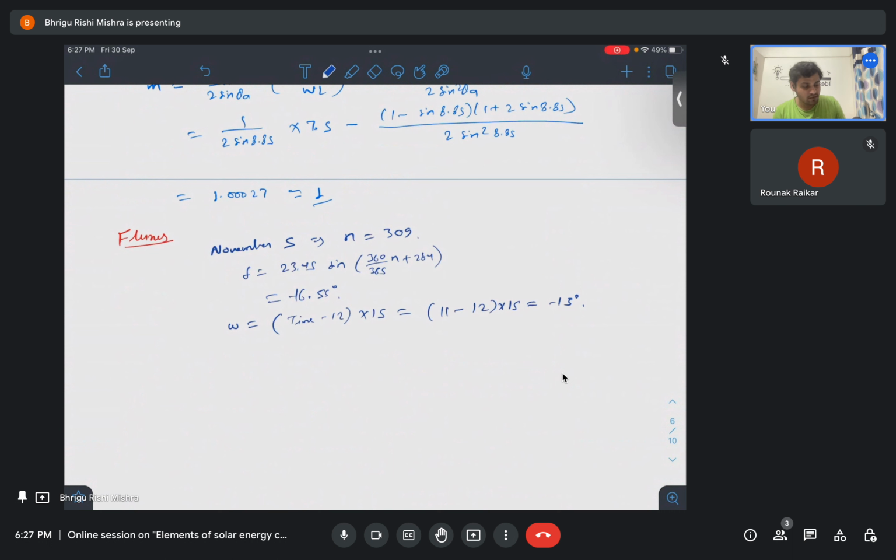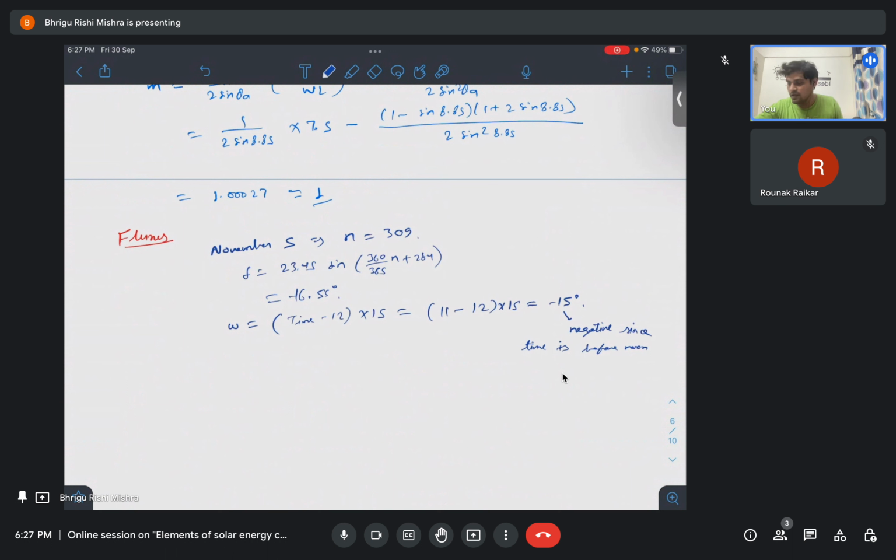Okay, so if you do not remember, it is negative since the time is before noon.